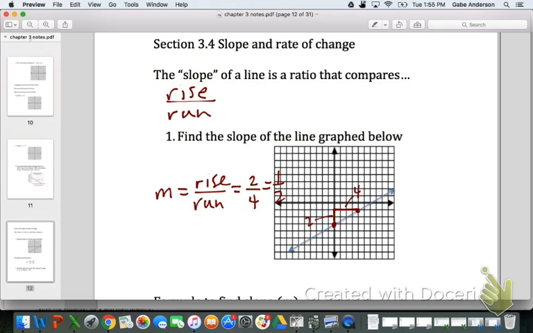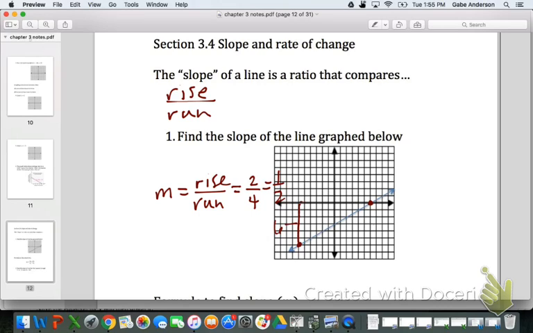Let's say, for instance, that I chose some different points. Check this out. What if I chose some points that are on the line, but let's say I chose this point right here and this point right here. So my rise would be 1, 2, 3, 4, 5, 6.